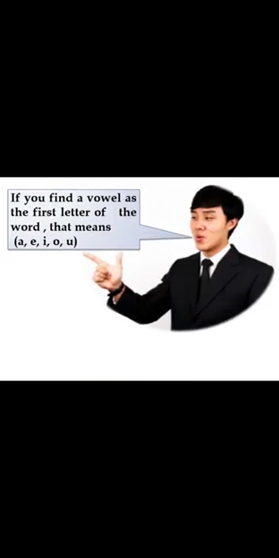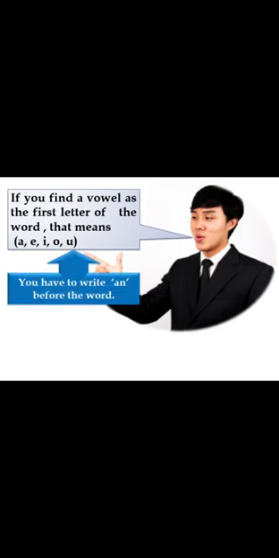Again remember, if you find a vowel as the first letter of the word, that means A, E, I, O, U, these 5 letters are vowels, you have to write N before the word. It's dash ink pot. That means here will be N because I is a vowel.